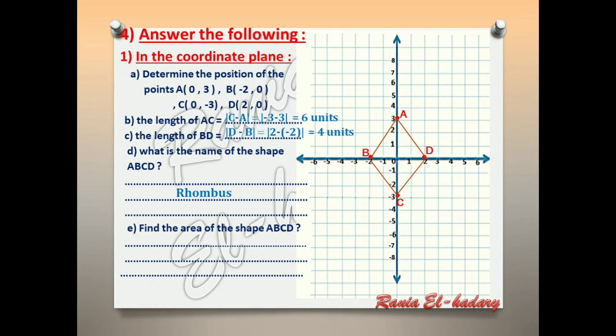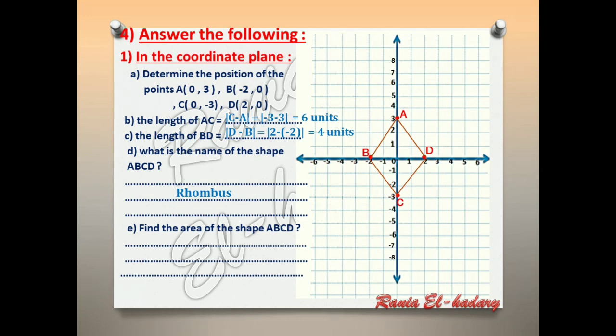I have a rhombus. So what is the area of a rhombus? Yes, length times height, if I have the length of the rhombus and its height. Or half times D1 times D2, if I have the two diagonal lengths. So I have the two diagonal lengths.